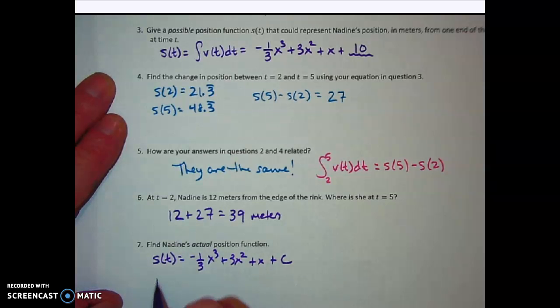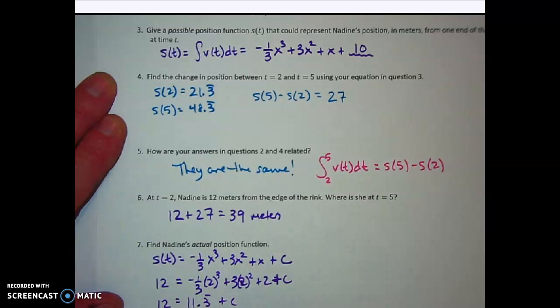So I can plug 12 in for that, and if I plug 2 in for each of my x's, and then I'm going to go ahead and solve this for c. I'm going to get that 12 equals 11.3 repeating plus c. If I subtract that, I get that c is 0.6 repeating, which hopefully you recognize as 2/3.